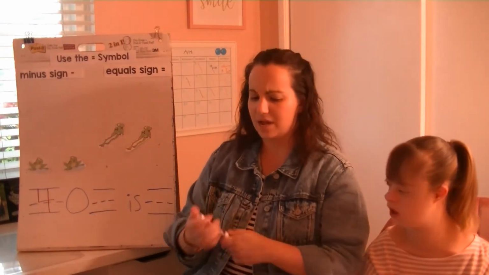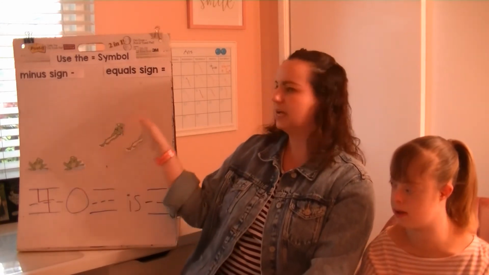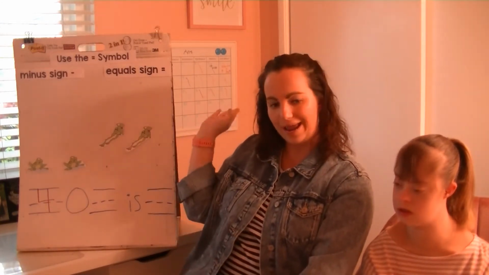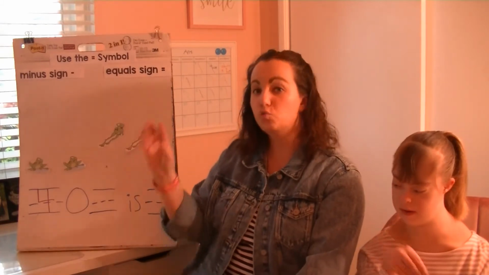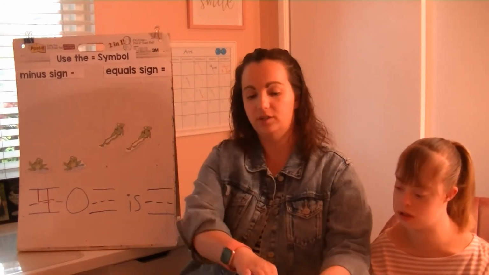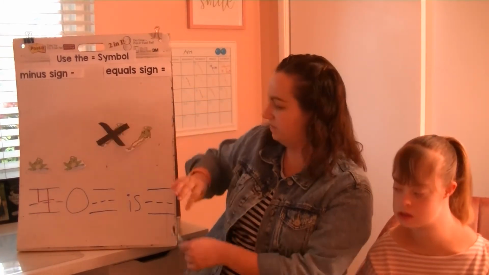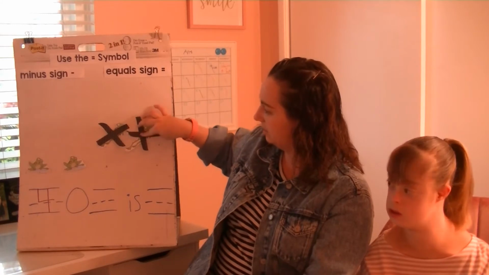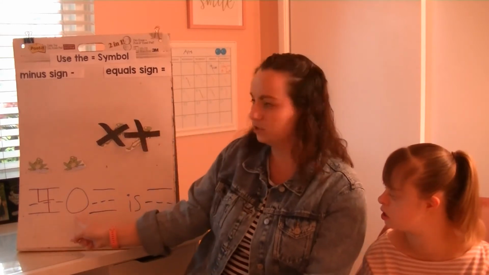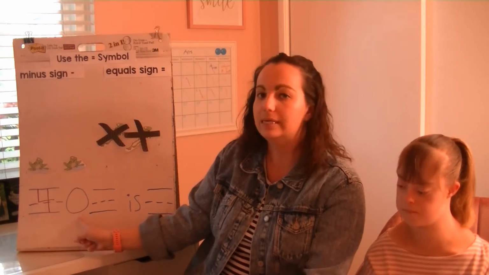But are all the frogs staying in the pond or are some leaving, going away? Our number of frogs at the pond is getting smaller because some are leaving. So what sign do we need to write here to show that we're doing subtraction, that frogs are leaving?